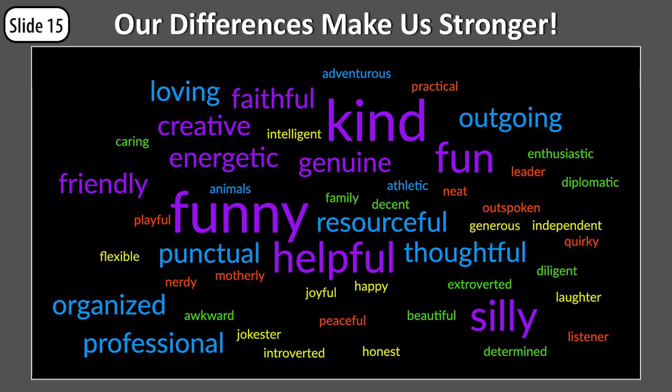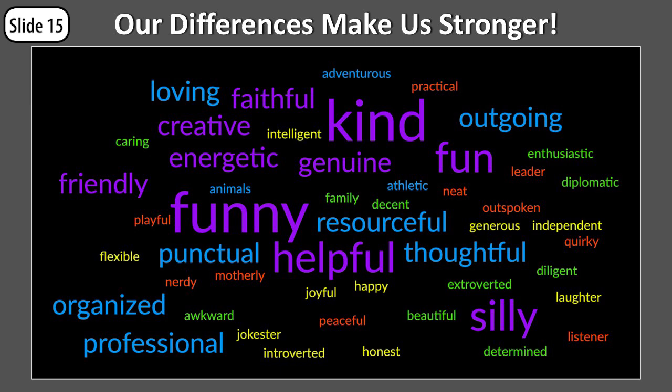The image on this slide is a word cloud of how class members have described themselves on their leadership applications. A word cloud shows a group of words in different colors and sizes. The most common words people shared are the biggest. Some of these common words include kind, funny, helpful, professional, and silly. While people shared a lot of the same words, they also shared some that were unique.